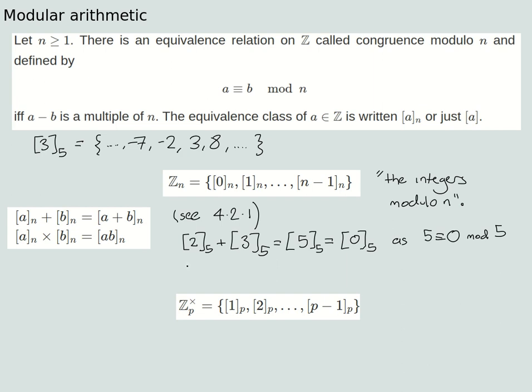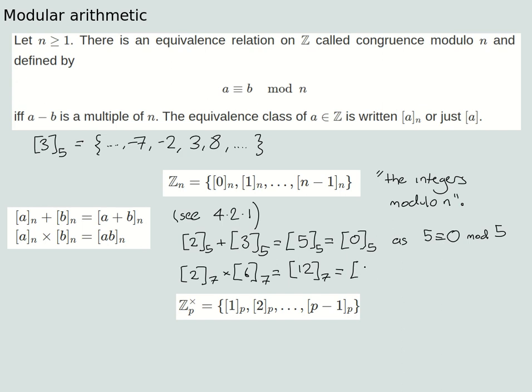On the other hand, let's do a multiplication. So if we look at, let's say, the class of 2 modulo 7 times the class of 6 modulo 7, well, our definition is that that is the equivalence class of 2 times 6, 12 modulo 7. Okay, this is fine. But also we can, if we want, write this as one of the equivalence classes 0, 1, 2, 3 up to 6.